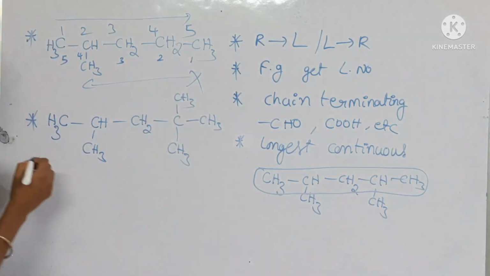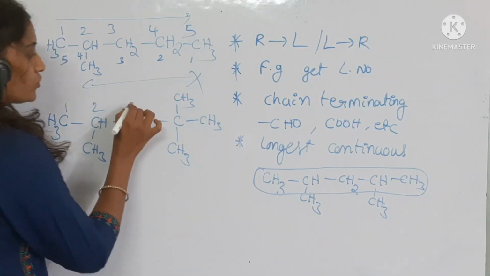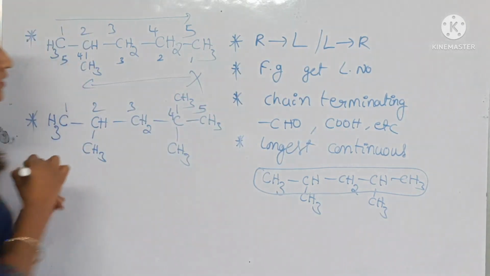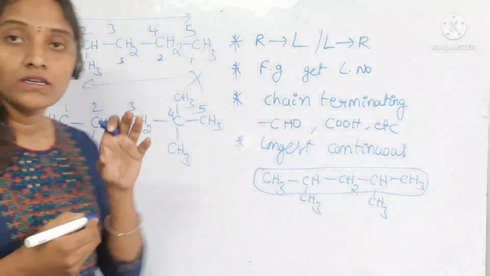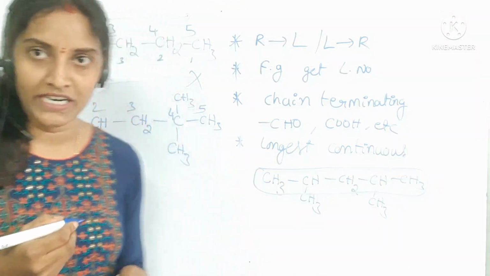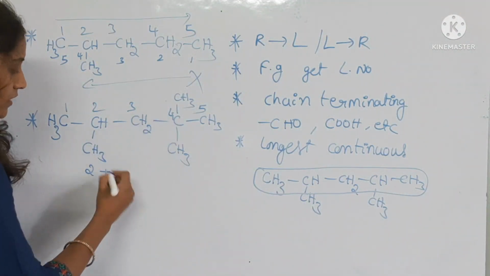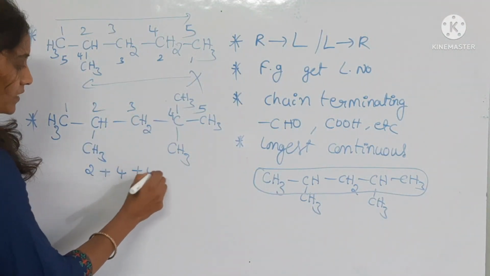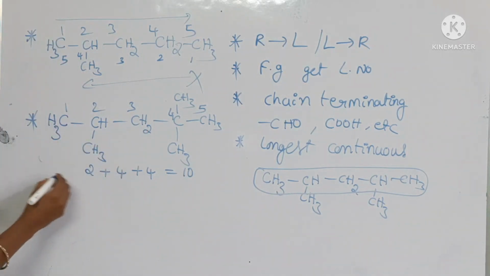See here, if I give numbering from left to right, 1, 2, 3, 4, 5, students, then you can take the sum of numbers of the substituted carbon atoms. So 2 plus, at the fourth carbon 2 substituents, so 4 plus 4, you will get 10 as the sum of the substituted carbon atoms.